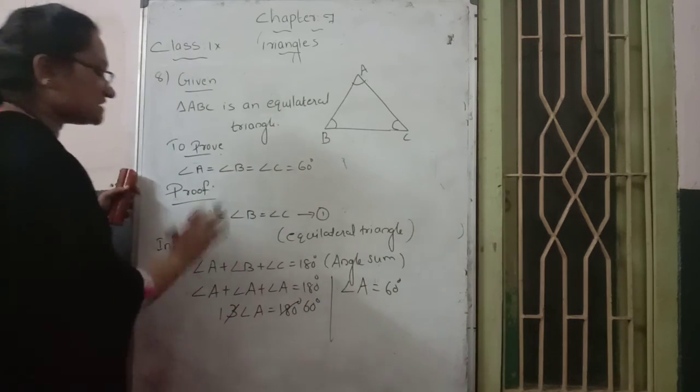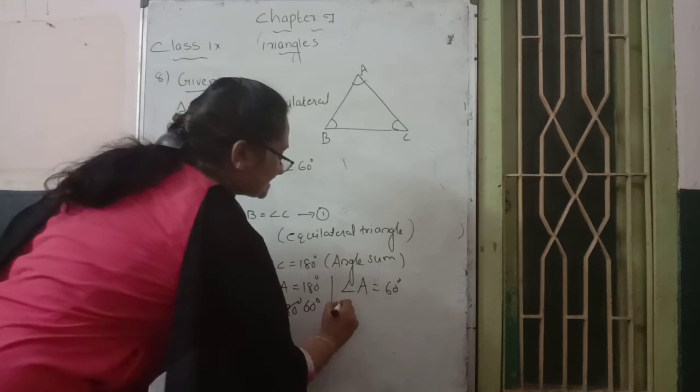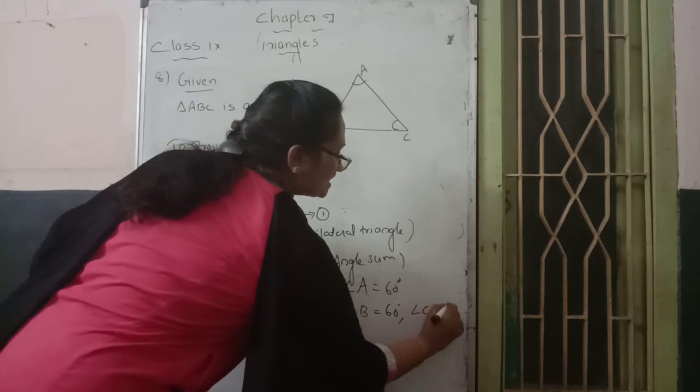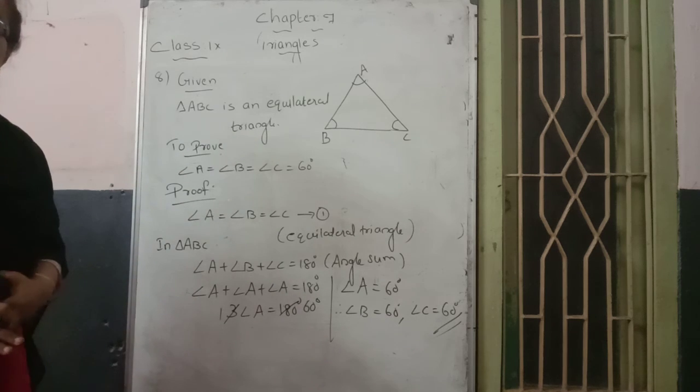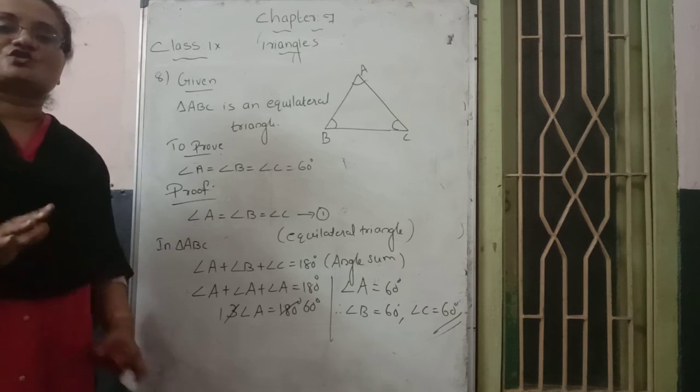Angle A is 60, so angle B is also 60 and C is also equal. Therefore angle B is 60 degrees and angle C is also 60 degrees. Hence we proved that all angles are 60 degrees. I hope you can understand this topic. Thank you.